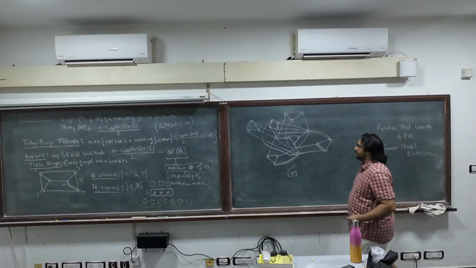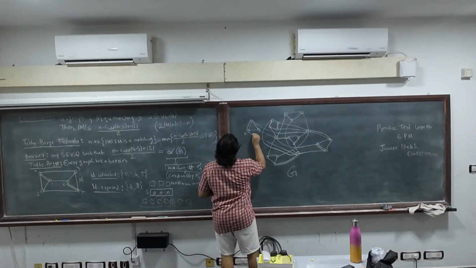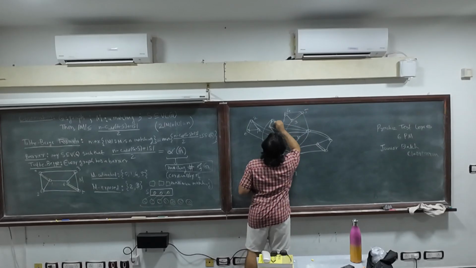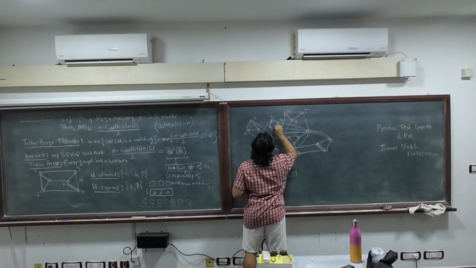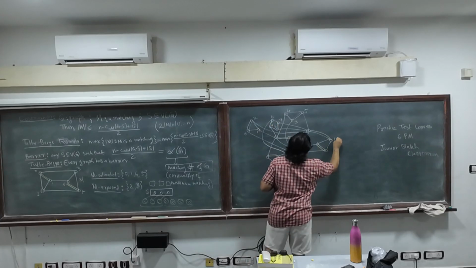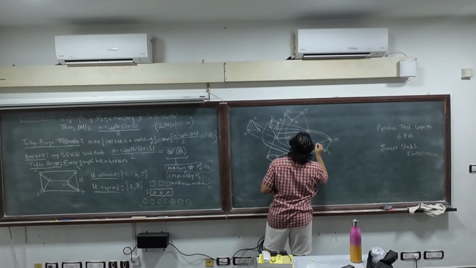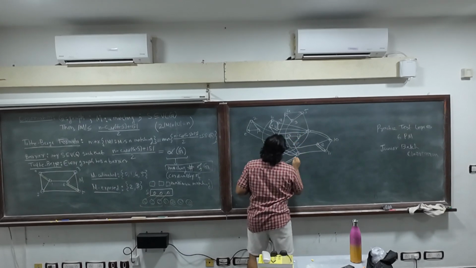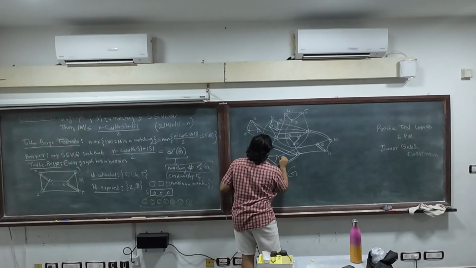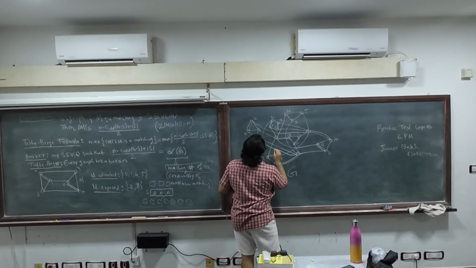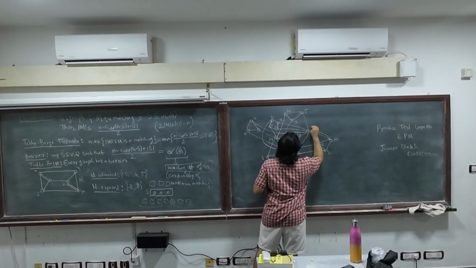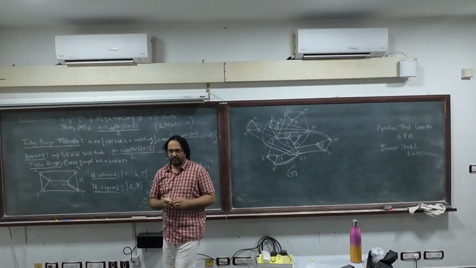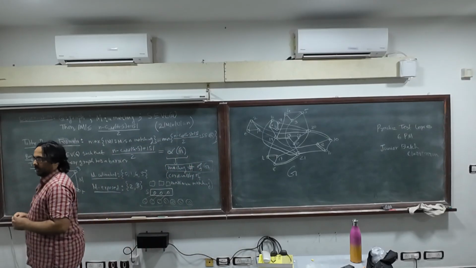Let me label the vertices while you think about it: 0, 1, 2, 3, 4, 5, 6, 7, 8, 9, 10, 11, 12, 13, 14, 15, 16, 17, 18, 19, 20, 21. Yes, a graph with 22 vertices.